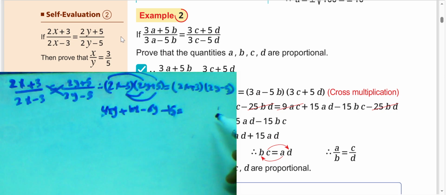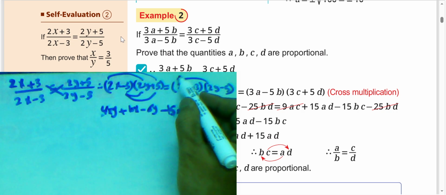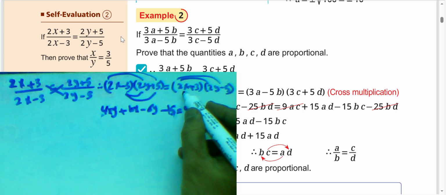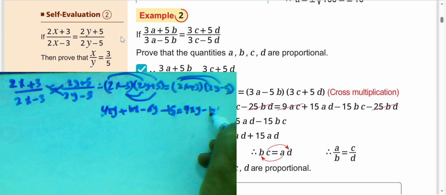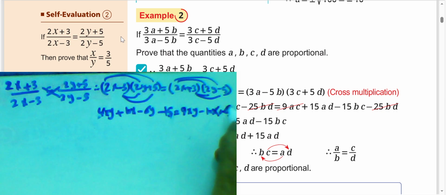On the other side, 2x times y is 4xy. 2 times 5 equals 10, negative 10y. We have 2x times negative 5, which is negative 10x. Then 3 times 2y is 6y, and 3 times negative 5 is negative 15.